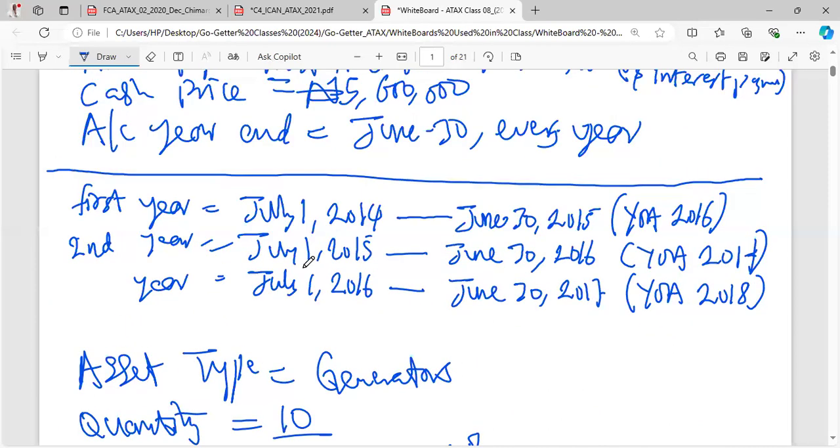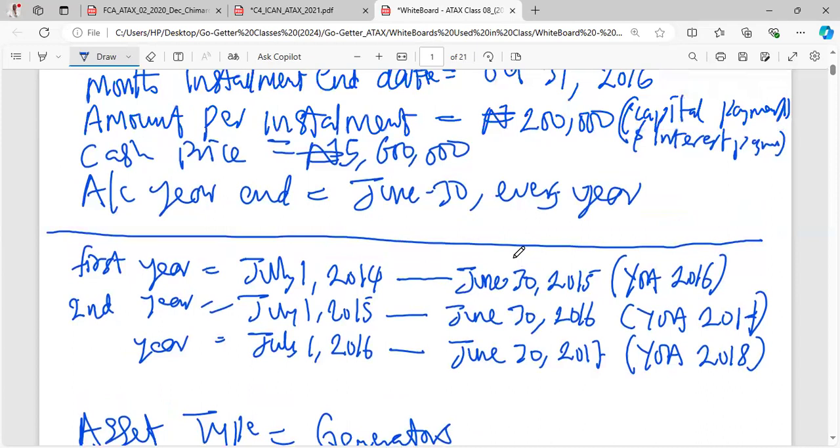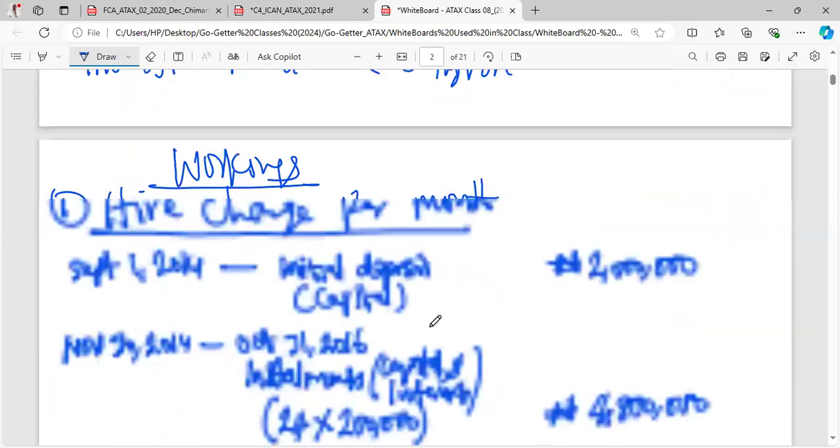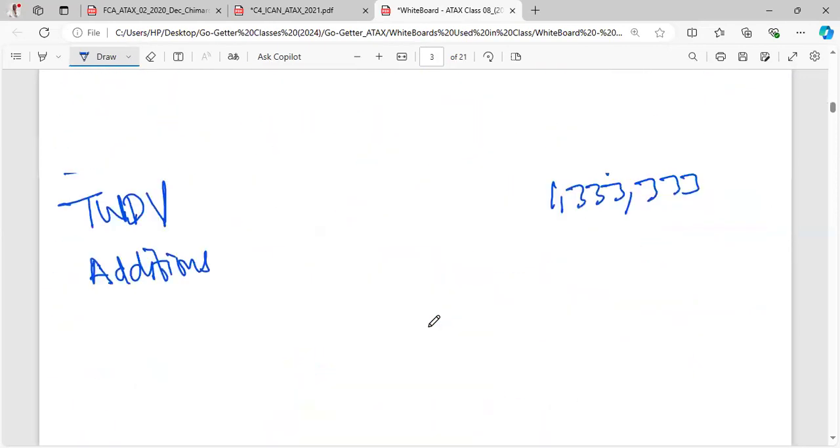The first one you made 8, second one you made 12, and the last one you would have made 4. So July, August, September, October. So this second one here you made 12 capital payments.